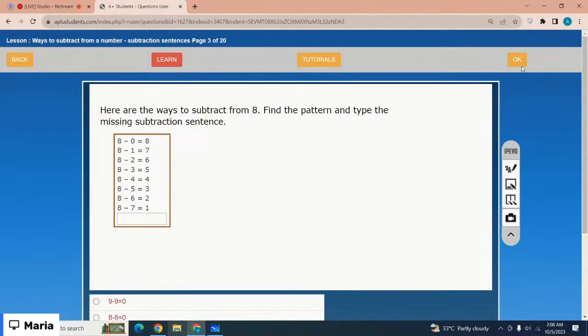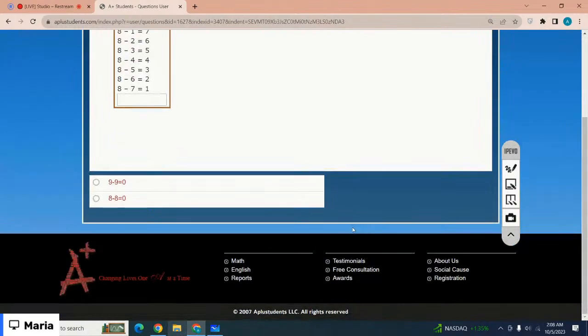That means the first number is 8 because you are subtracting from 8, right? And the next number is 0, 1, 2, 3, 4, 5, 6, 7. So after 7, the next one is 8, right? So it would be 8 take away 8 is 0, right? So option number 2 is the correct option. Very good.